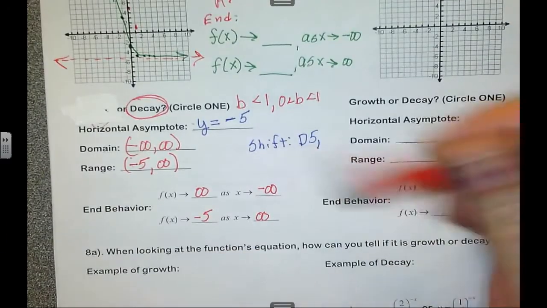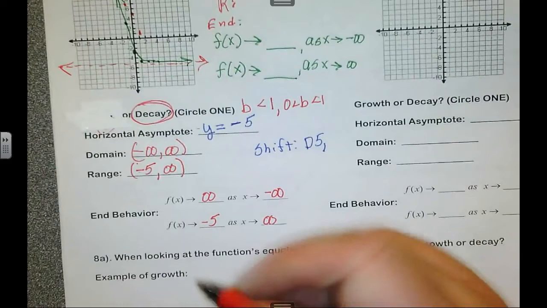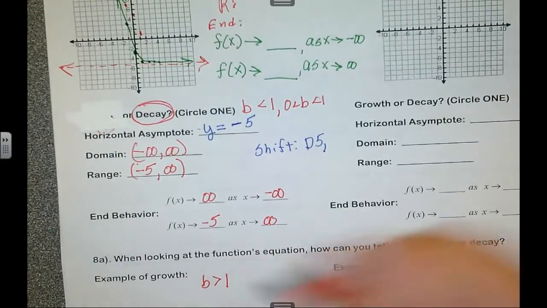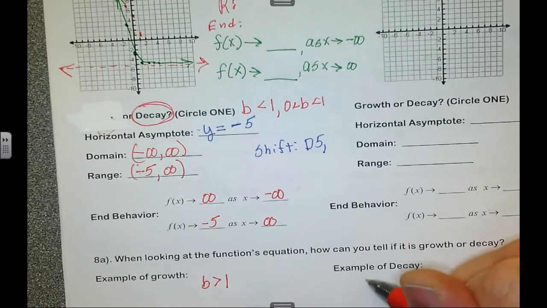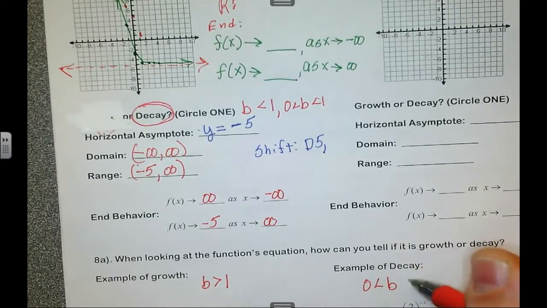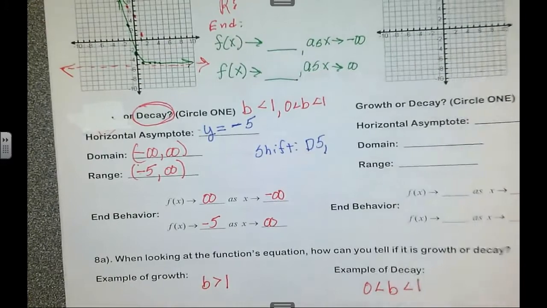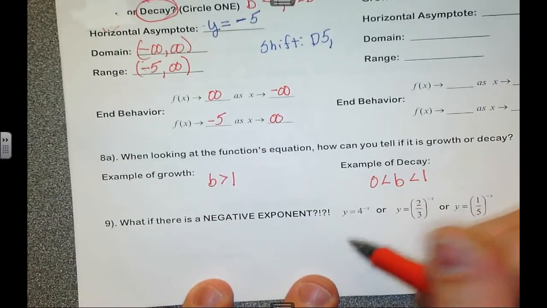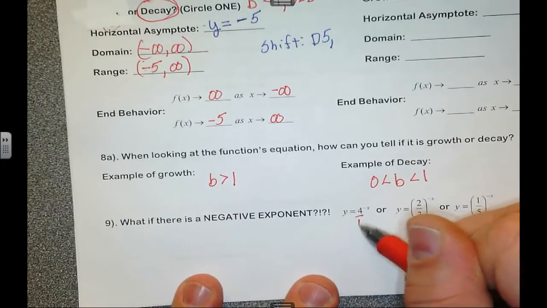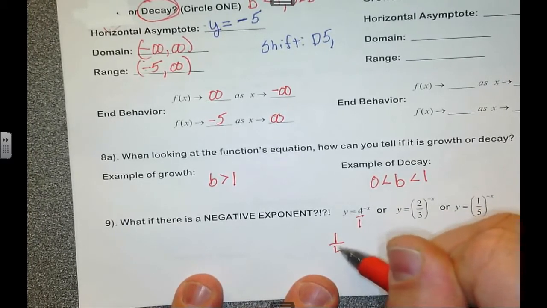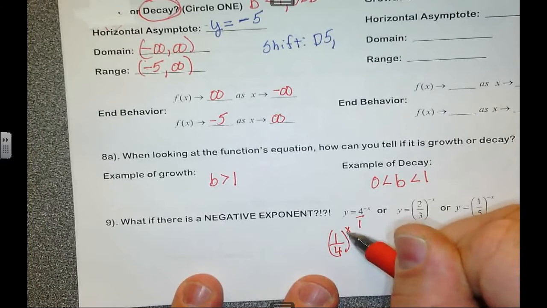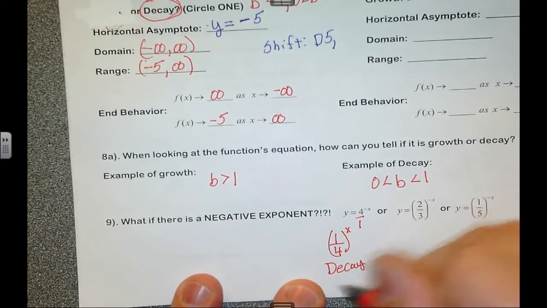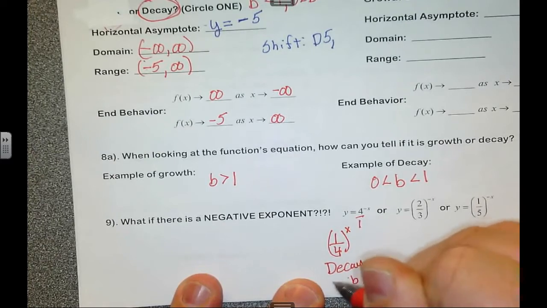Example of growth. How can you tell if it's growth or decay? Again, if my b is greater than 1, it's growth. If it's a fraction between 0 and 1, it's decay. Watch out for negative exponents. Remember, you have to flip, make it a positive, so this is actually decay, because b is between 0 and 1.